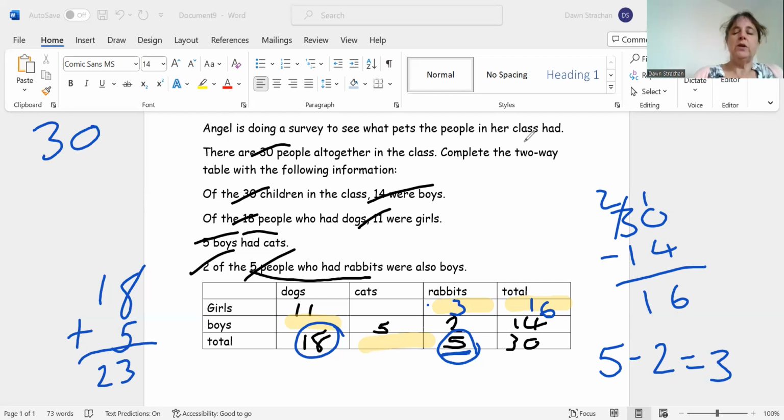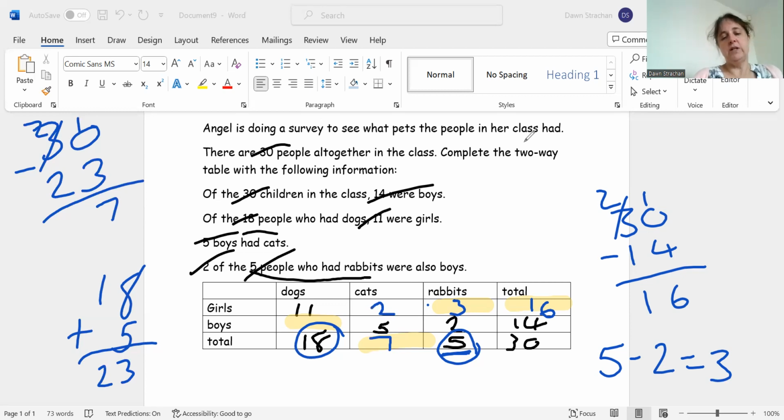So we know 23 of those people have already got pets, and whatever's left will be the owners of the cats. So that means 30 take the 23 we've already added up. 10 take 3 is 7, 2 take 2 is nothing. So 7 people had cats. And now we can simply go 7 people in total have cats, take away the boys, which will leave us with the girls. So 7 take 5 is 2.